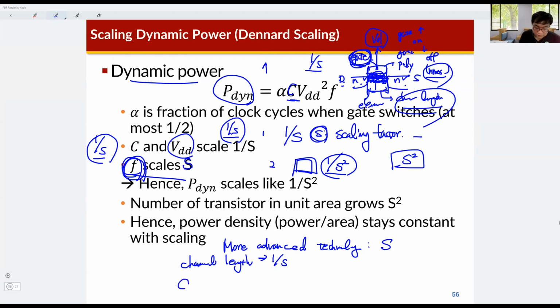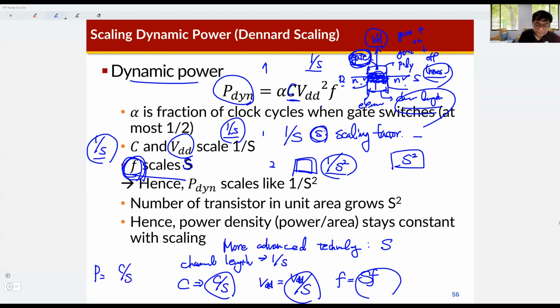Okay, so C becomes C over S, and then supply voltage becomes VDD over S, and then F becomes SF. Okay, so if we just use these values in this equation, then P becomes C over S times VDD over S squared, and then SF.